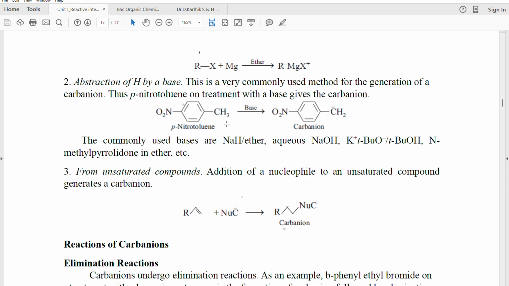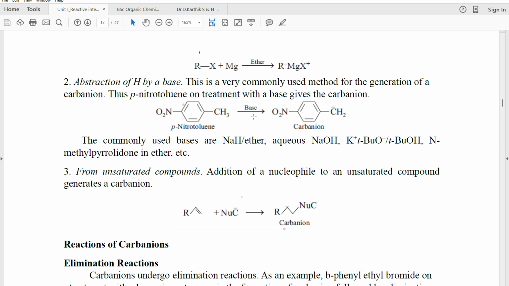So in this case we have the example para-nitrotoluene. So para-nitrotoluene means the nitro compound acts as a highest electron withdrawing group. So because of the electron withdrawing nature, the whole benzene ring will act as an electron withdrawing compound. So when you add a base, this CH3 group will easily give one proton to the base, and then it produces the carbanion, as you can see here.